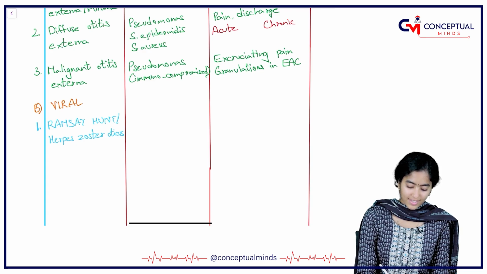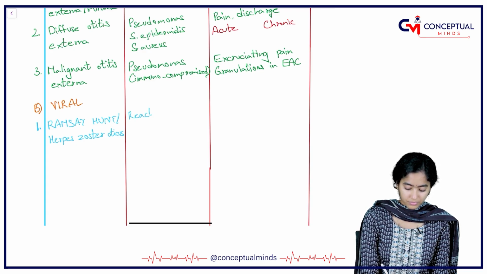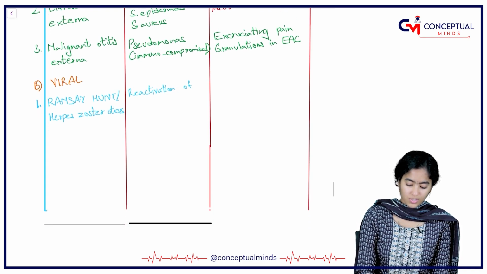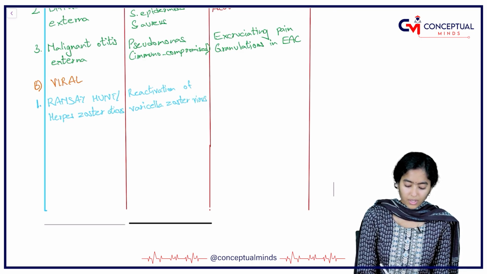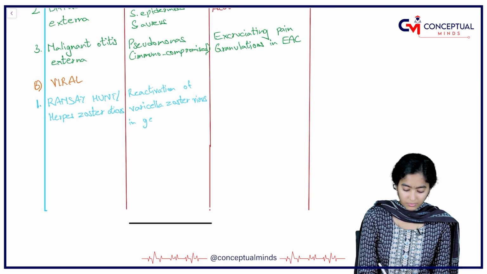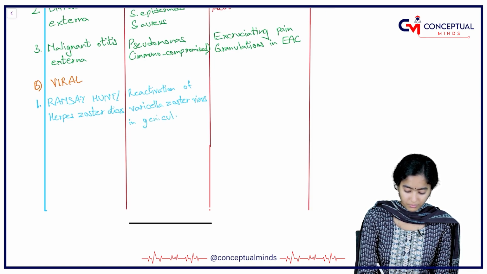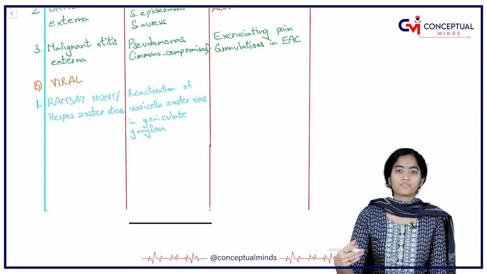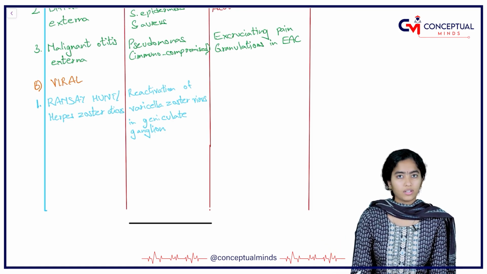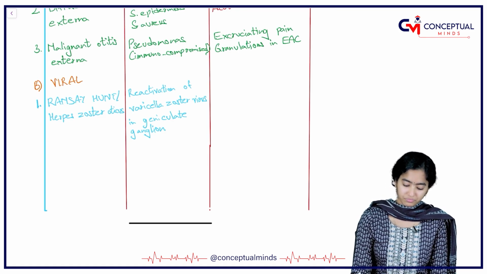The etiology is reactivation of varicella zoster virus in the geniculate ganglion. The infection spreads further into the facial nerve, spiral ganglion, and also into the inner ear.